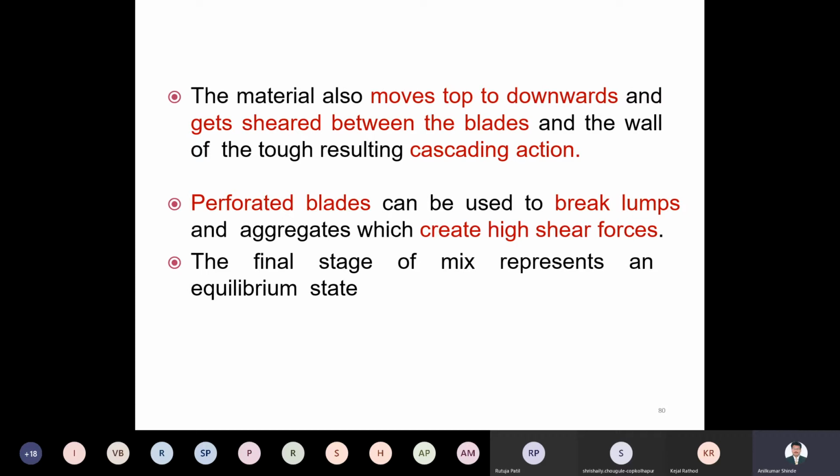If you want 100% mixing, large lumps are not required. So you can break the lumps and aggregates with the help of pressure and shearing force. That's why perforated blades can also be attached inside. With the high speed of those blades, you can break up the different lumps or aggregates and produce the smallest size of material.